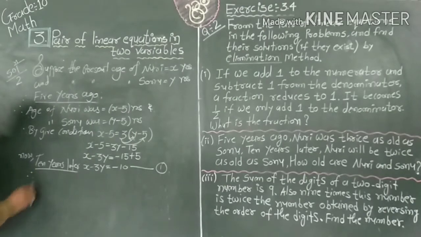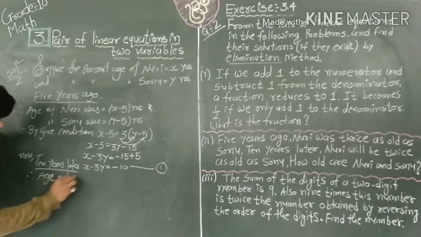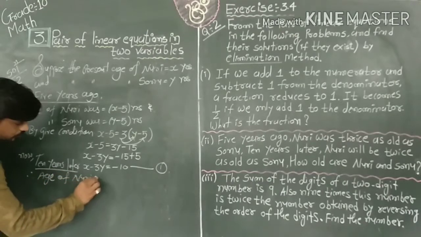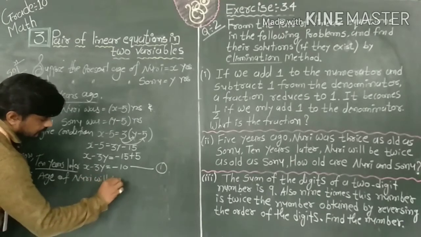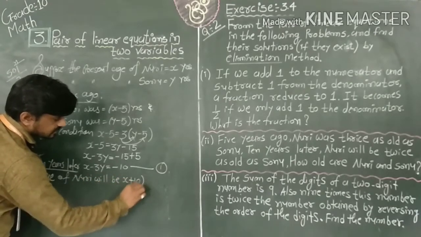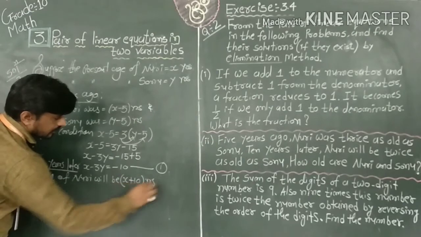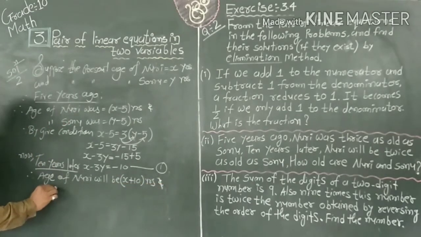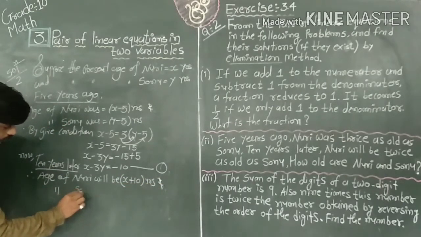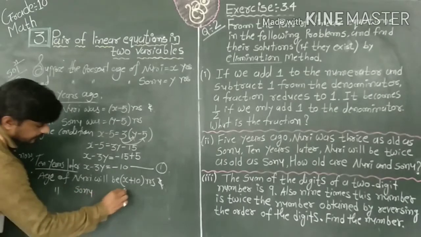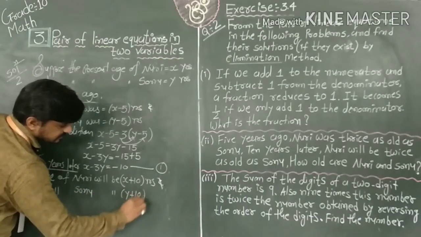Therefore, I write here, age of Nuri will be x plus 10 years and age of Sonu will be y plus 10 years.